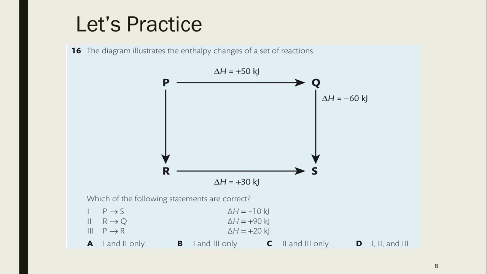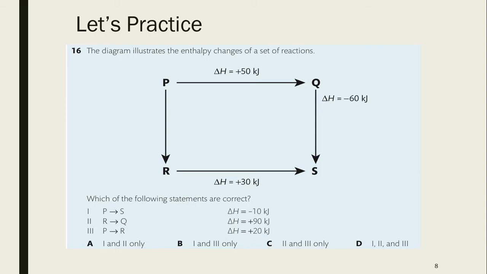So let's consider what we're given and try and figure out which of these statements is true. I want you to think about it first. Okay, well let's start with P to S. It says P to S is negative 10 kilojoules.